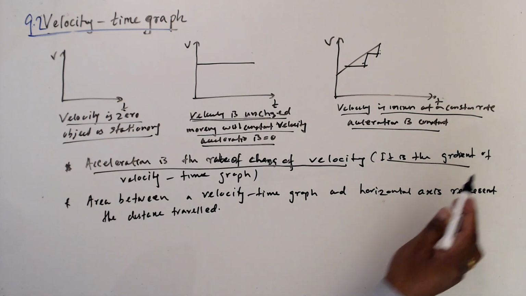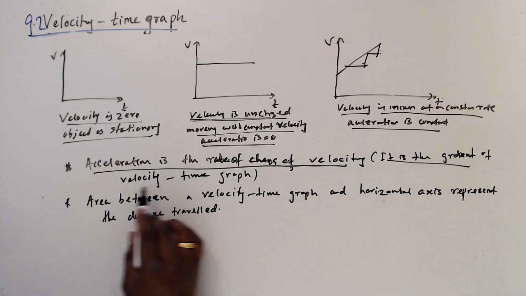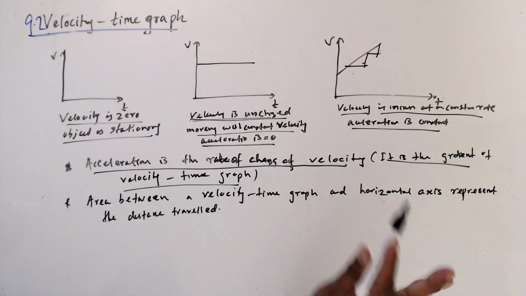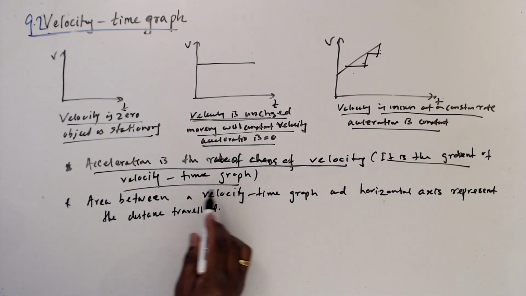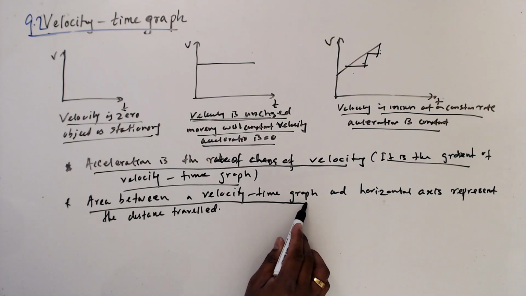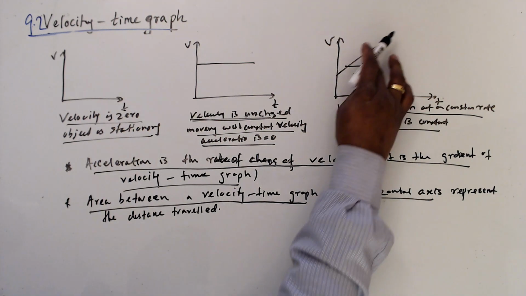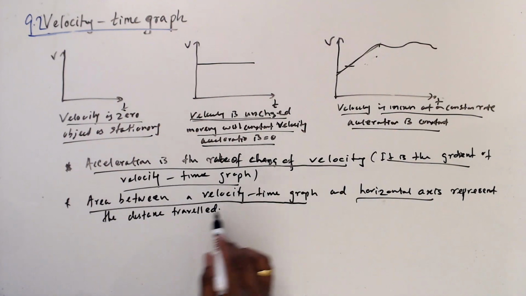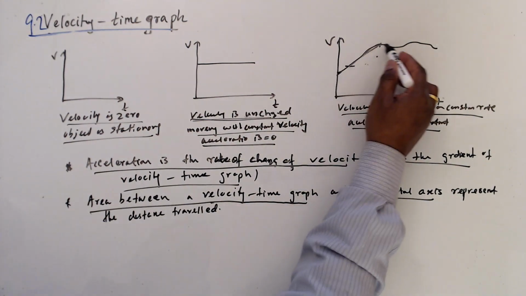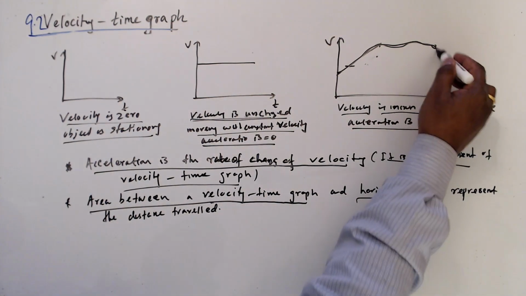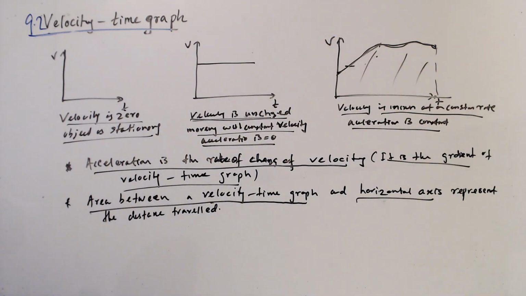It is the gradient of the velocity-time graph. The area between the velocity-time graph and the horizontal axis is the distance traveled.